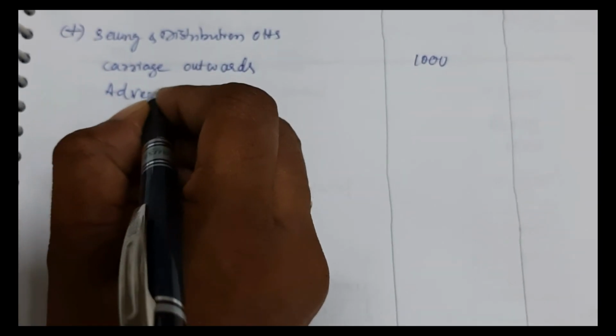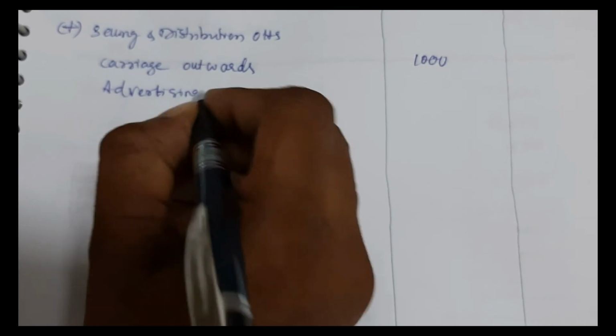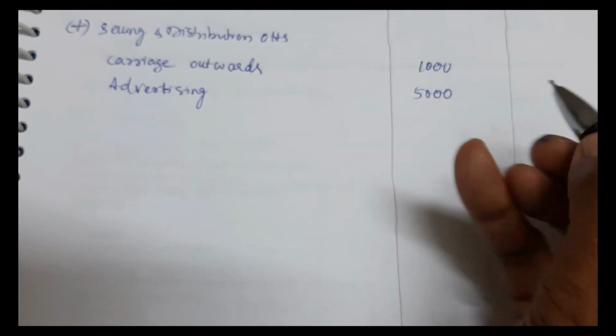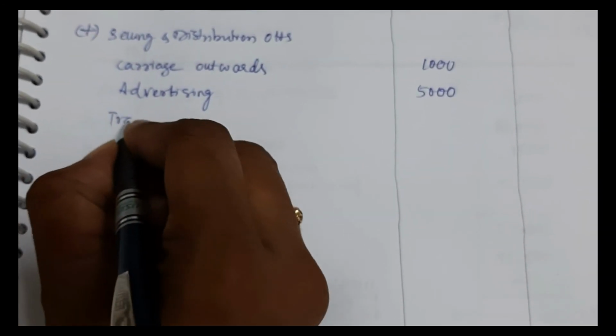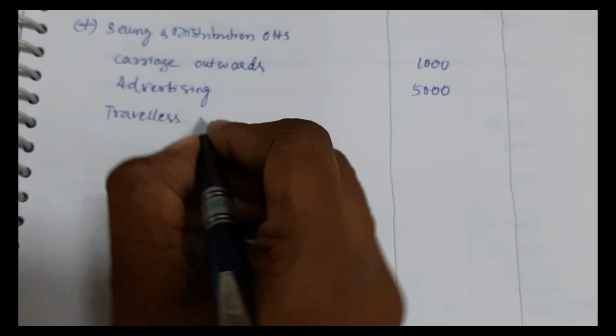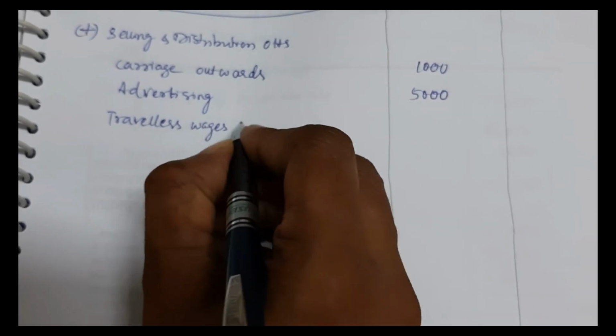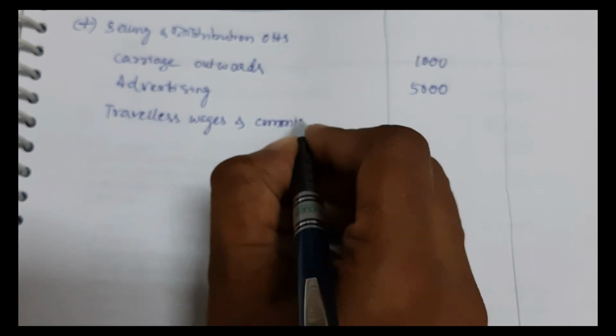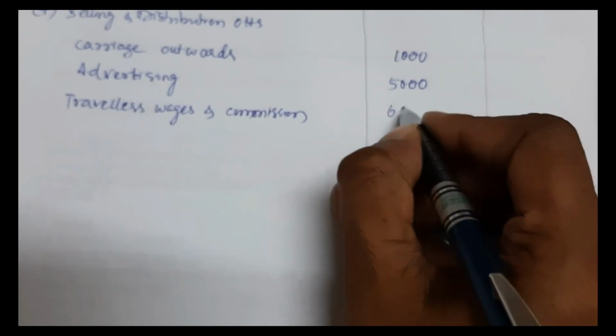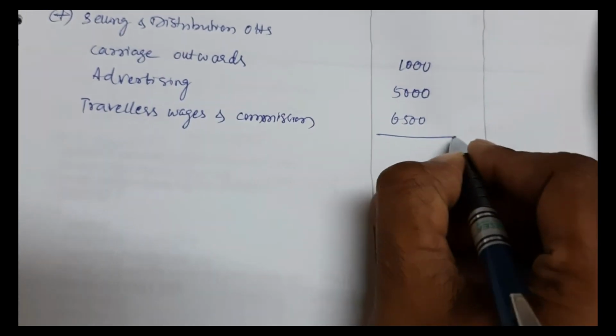Carriage outwards rupees 1000, advertising rupees 5000, then travelers wages and commission rupees 6500.